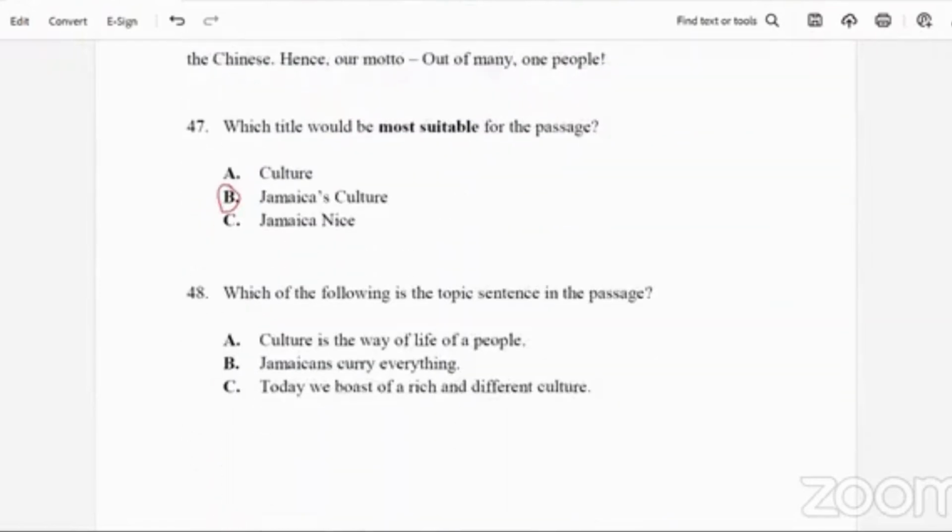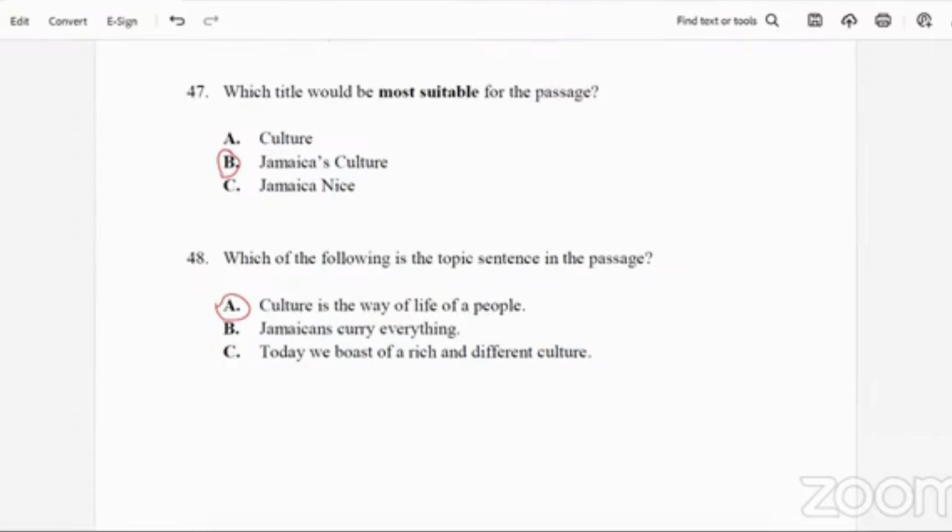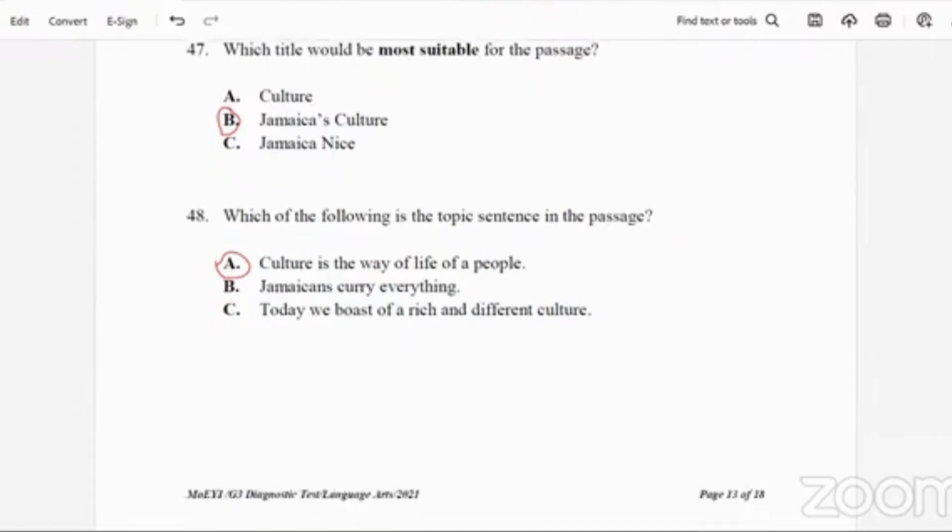Let's look back to see what the options are. Culture is the way of life of a people. Jamaicans curry everything. Today, we boast of a rich and different culture. All right, so the answer for this is A, culture is the way of life of a people. It's all about the culture.